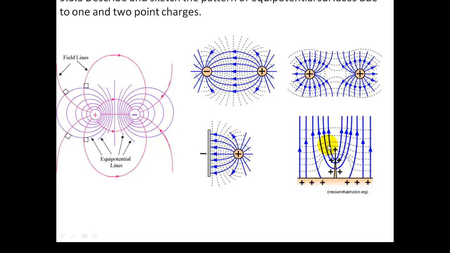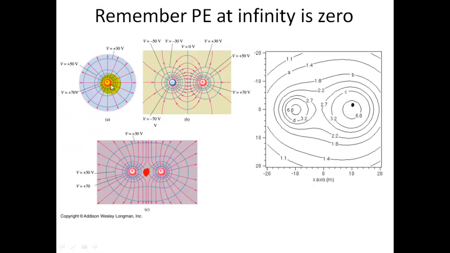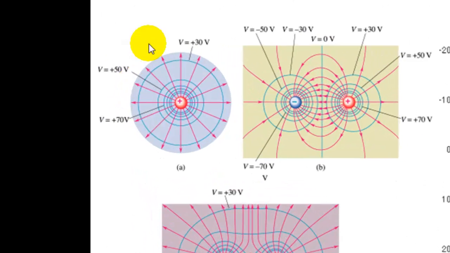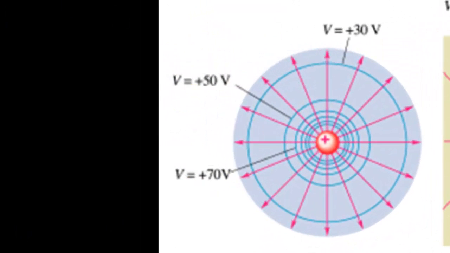What I like about the one on the top left corner here is that we have a positive charge. Near the charge the field strength is very strong because the lines of force are very close together. Also, the lines of equipotential are very close together. As the field gets weaker going away, the lines of equipotential get further and further apart.